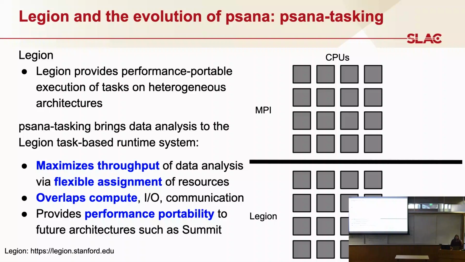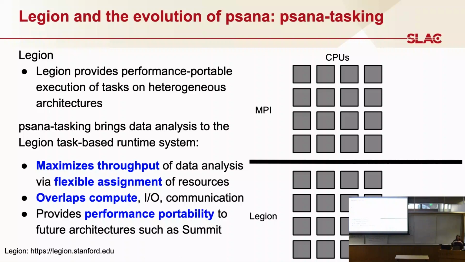So Legion provides this performance portable execution of tasks on multiple architectures, and PSANA does the tasking. It says, here's the data analysis you need to do. Here are the tasks that need to be done. And then Legion takes those tasks and distributes them on the architecture. In this way, we maximize the throughput of the data analysis, and we get asynchronous I/O and compute.